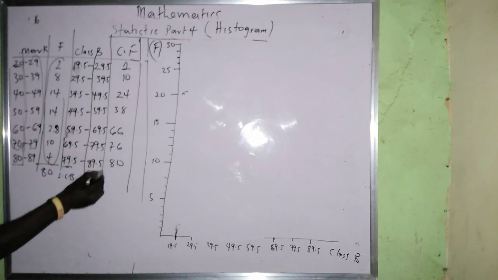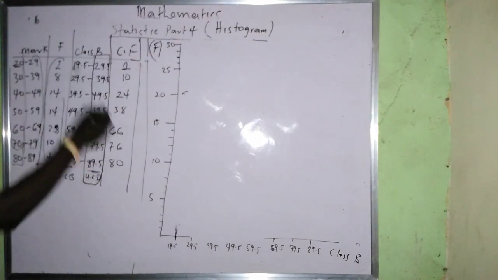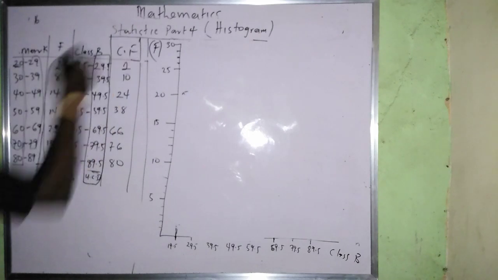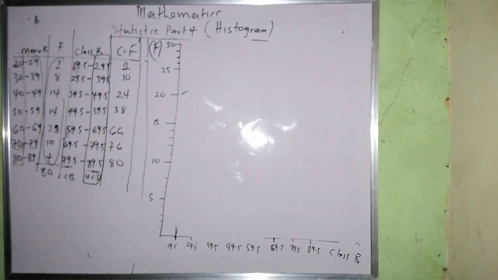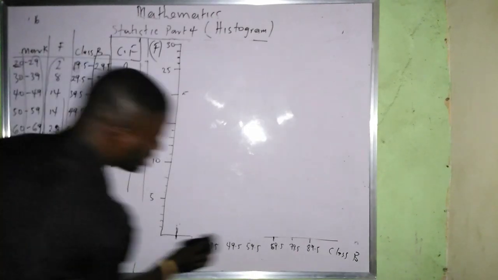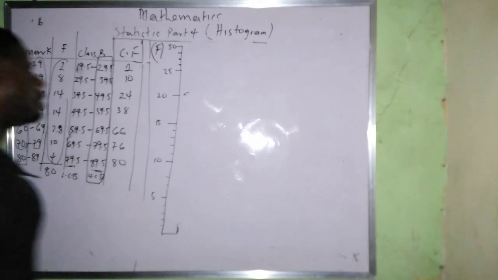This is my upper class boundary against cumulative frequency. Now, the highest is 80 and the lowest is what? Now, I will move on, I'm still on OGIF.